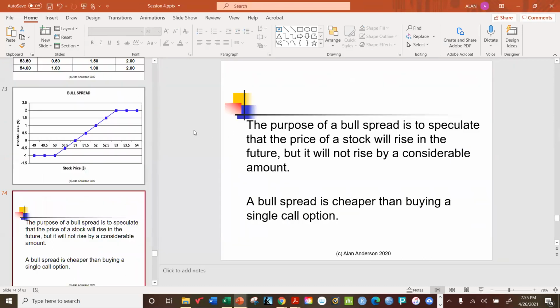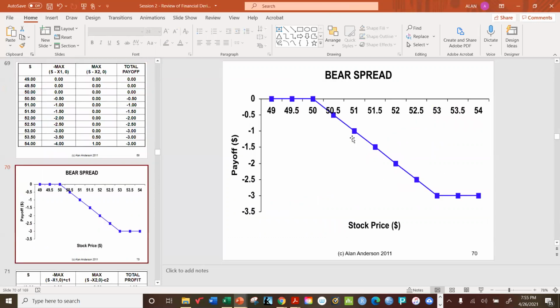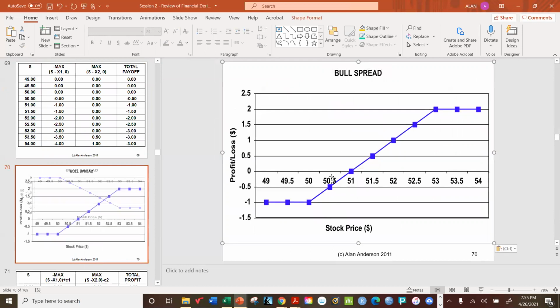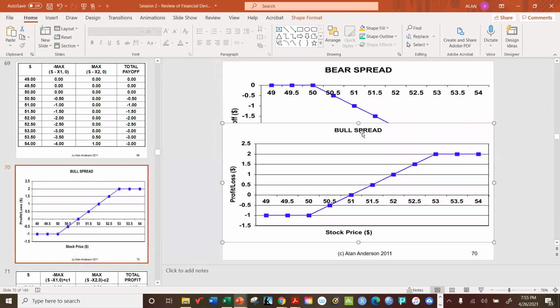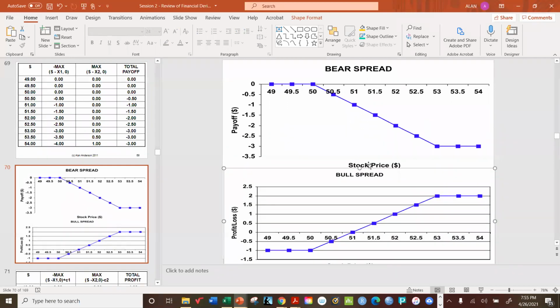All right, let's go get that bull spread. In fact, maybe I can sneak them both onto the same slide so you can really see them better. Essentially you can think of one as the reverse of the other.